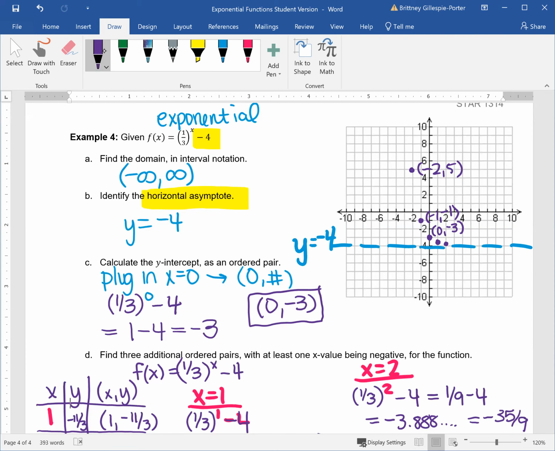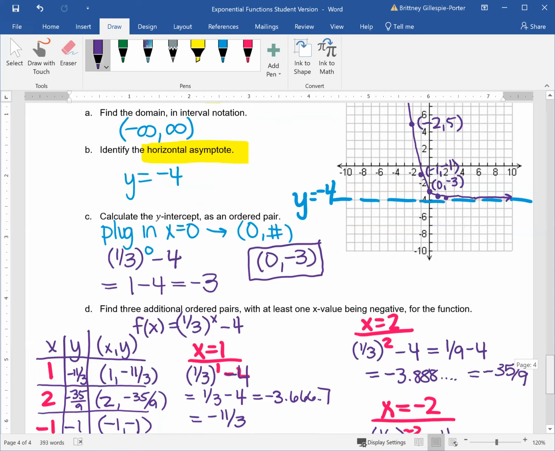If I start at my y-intercept 0, -3 and go to the left, my graph is going up. When I come to the right, we're getting smaller and smaller and closer to y equal to -4. Remember that it plummets down when your base, what has the exponent, is in between 0 and 1.